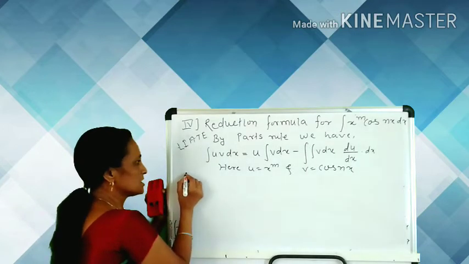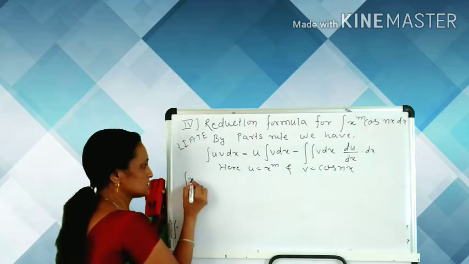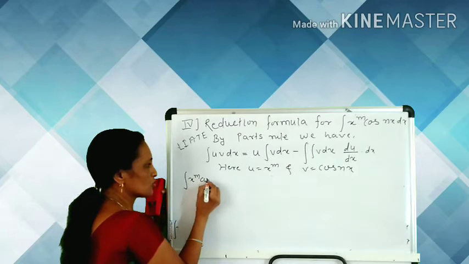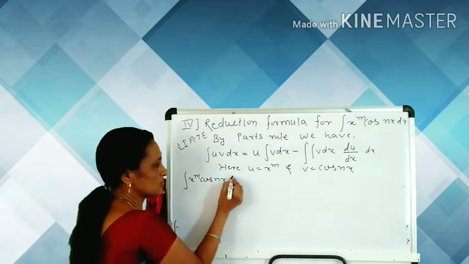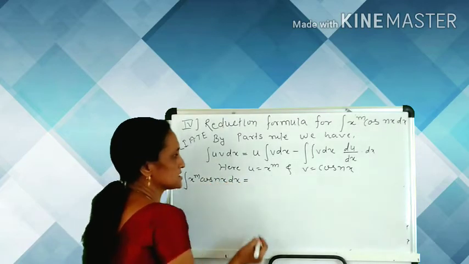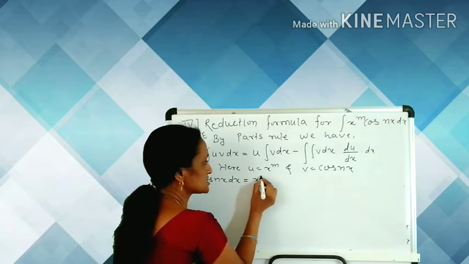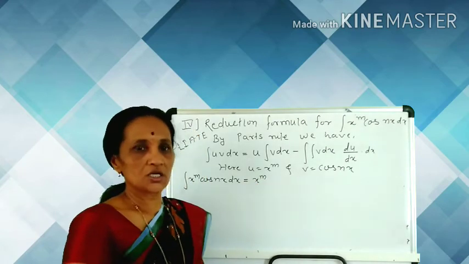So we write the formula: integration of x raised to the m cos nx dx as the first function into integration of the second.